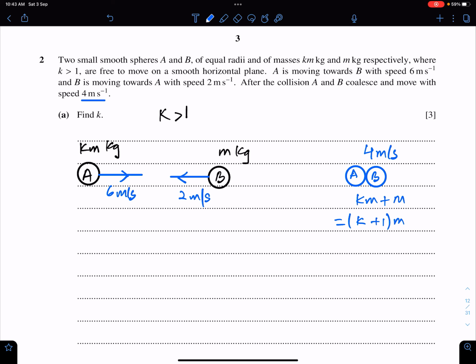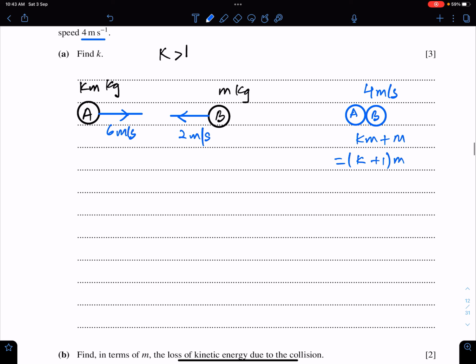According to the law of conservation of momentum, total initial momentum km times 6 plus 2m will be total final momentum, which is k plus 1 times m times 4. By solving this equation, we can get the value of k. So k is 3.